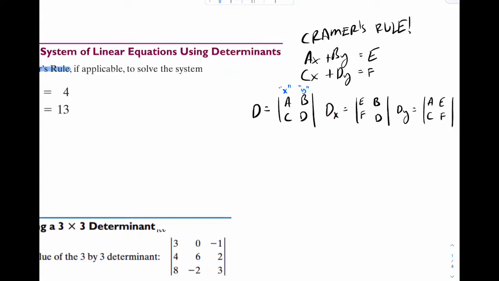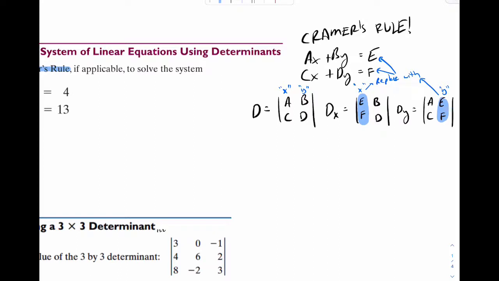When it's D sub X, this X column got replaced with these two things. So that's why you see E, F right here. And then in the D sub Y, notice your Y column is then getting replaced with your E, F.